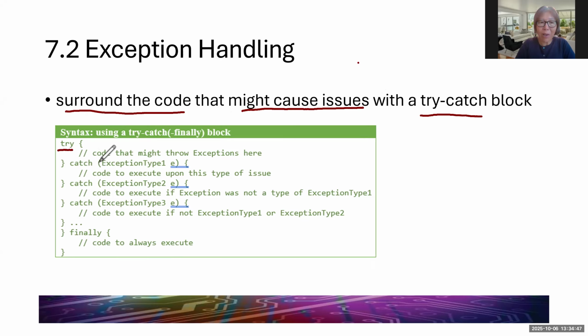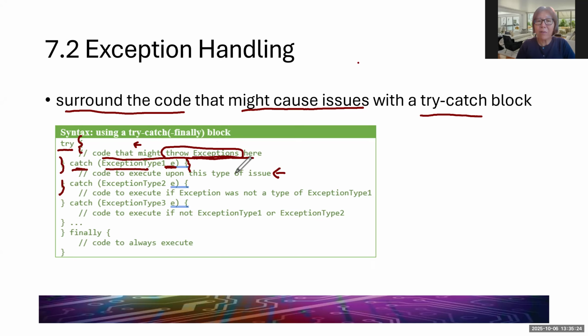You have the try keyword and a pair of curly brackets, and all of the code that might cause issues, that can throw an exception, you put here. Then we have the catch keyword with some type of exception as a parameter, and then another pair of curly brackets.